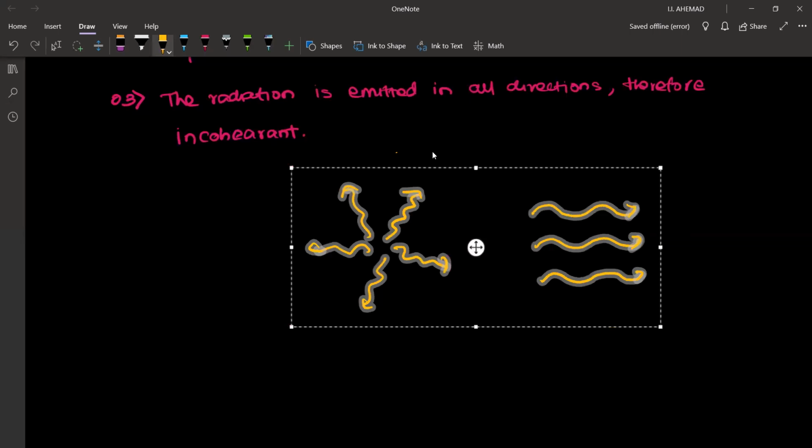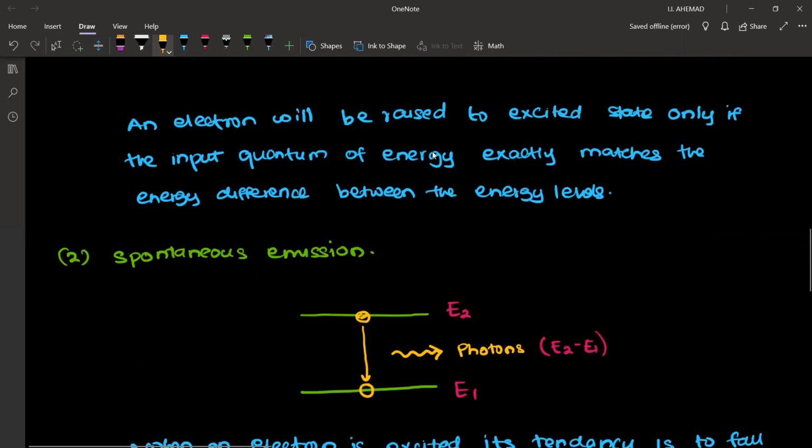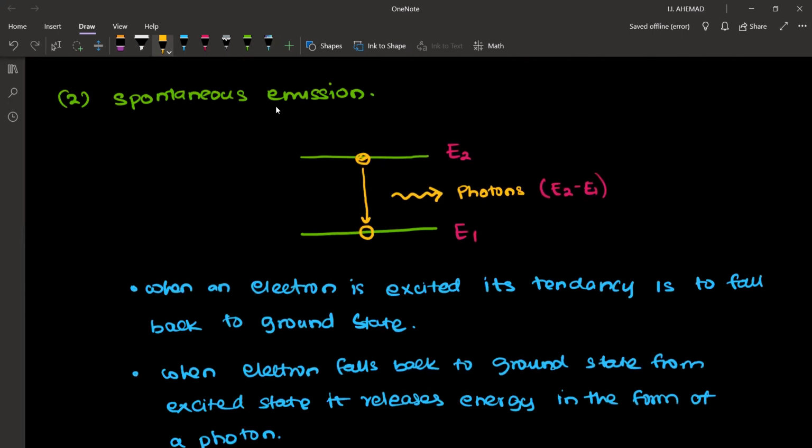So the third process is stimulated emission. Second, we discussed spontaneous emission. Now let us look at stimulated emission, third.